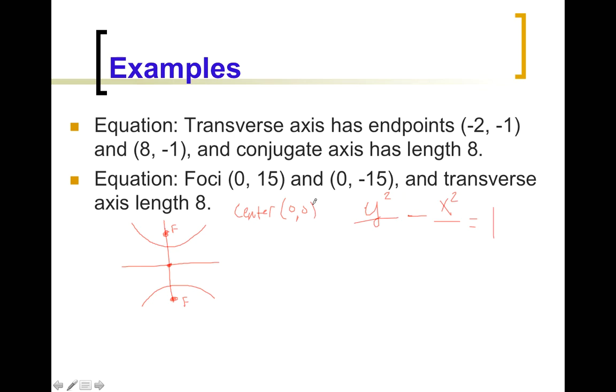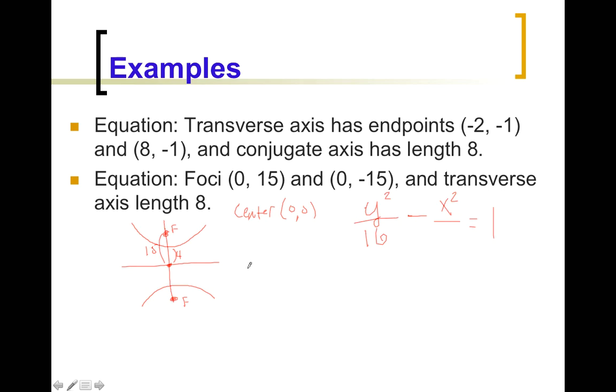It tells you the transverse axis has length 8, which tells me that a is 4, half of that. So since a is 4, that means this number gets a 16. Now here comes the calculations. Since a is 4 and c is 15, I need to figure out what b is.